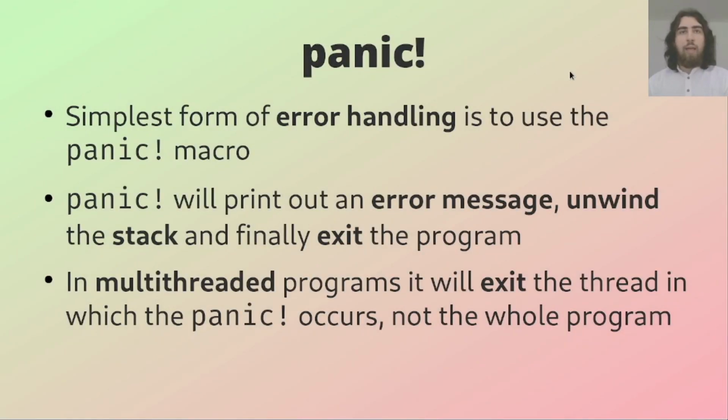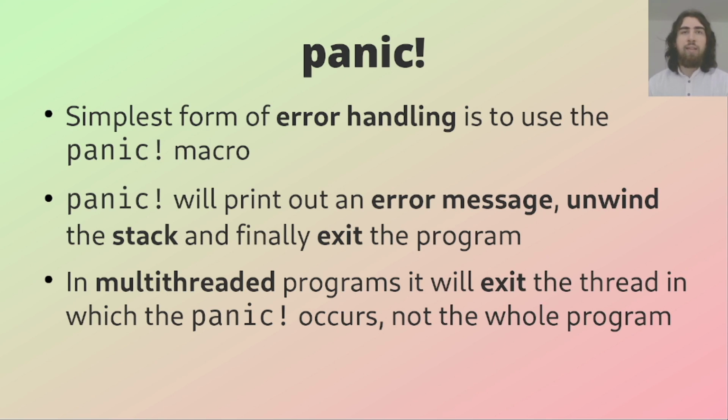Now we will cover error handling, and the simplest form of error handling is to use the panic macro. Panic will print out an error message, unwind the stack, and finally exit the program. Unwinding the stack means that when you execute the program, the local variables and the function calls are pushed to the stack.